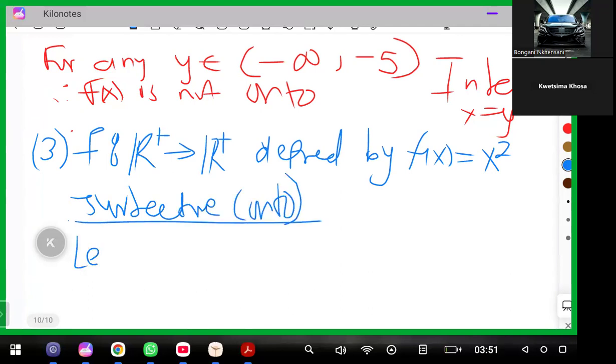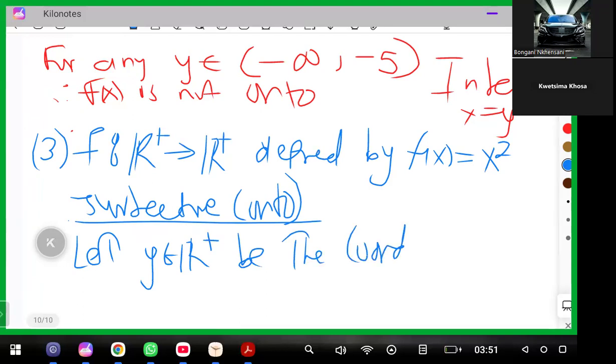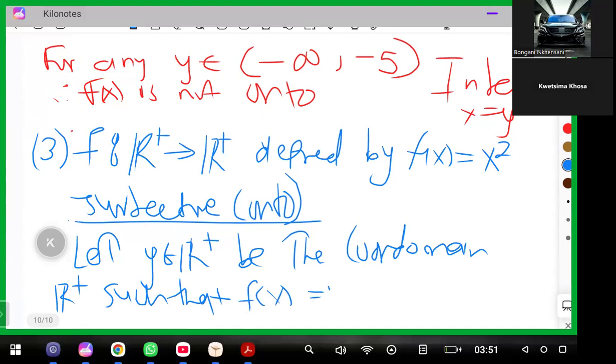So I'm going to say let y be an element of positive real numbers, the codomain of R plus, such that f of x is equal to y.